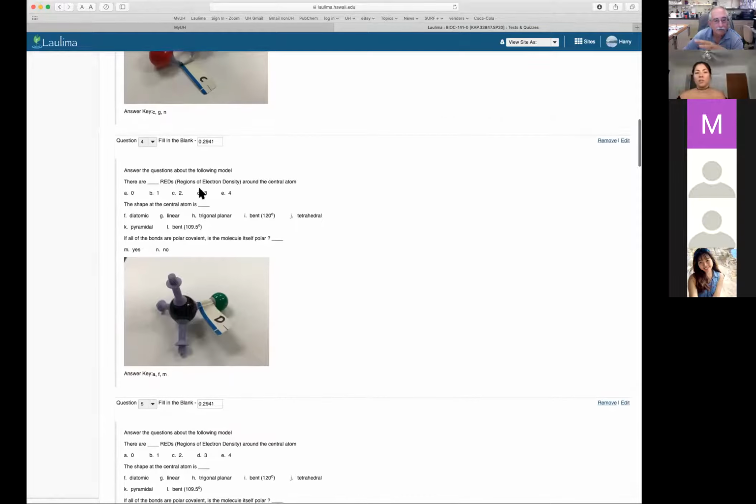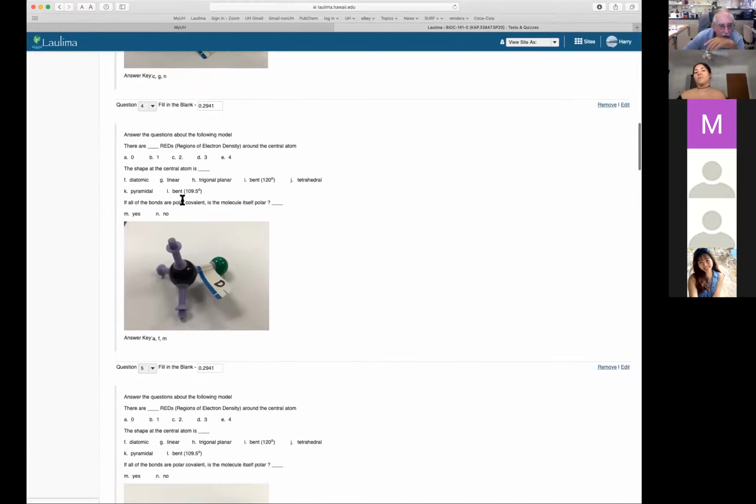So far we got that there's no region of electron density because it's diatomic. Now if all of the bonds are polar, is the molecule itself polar? That means you have only one rocket in there. If you fire that rocket, it's going to move, so it's going to be polar. The molecule is polar. I chose yes, but the answer said it's wrong, so it has to be no. Is that right? Yeah, that's why I asked you.